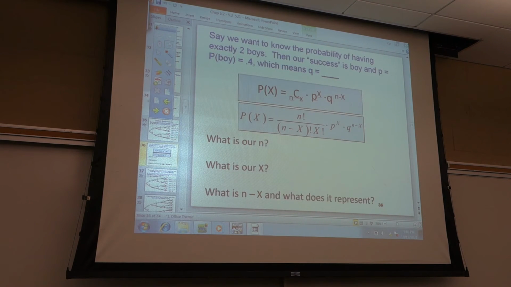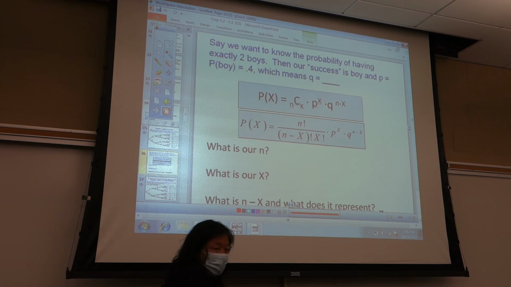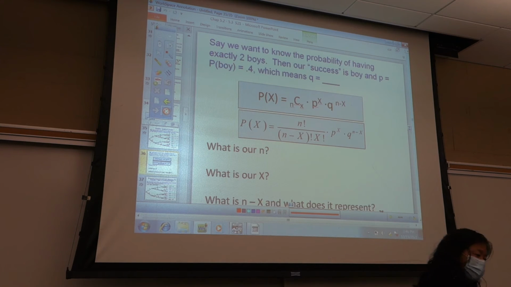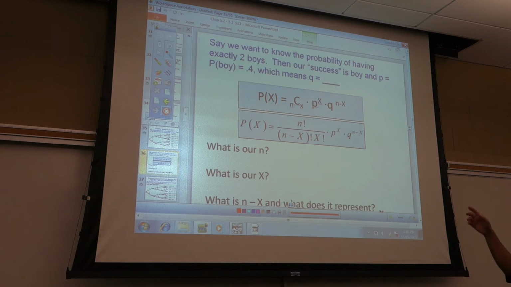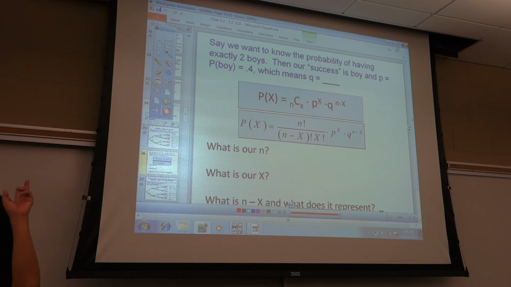We want to know the probability of having exactly 2 boys. Exactly 2. Then our success is having a boy. And little p, the probability of just one child being a boy, is 0.4. Which means little q, our probability of failure, having a girl, is what? 0.6.